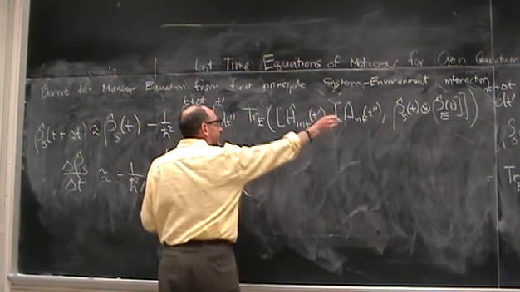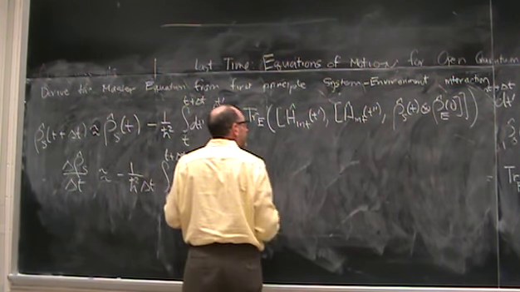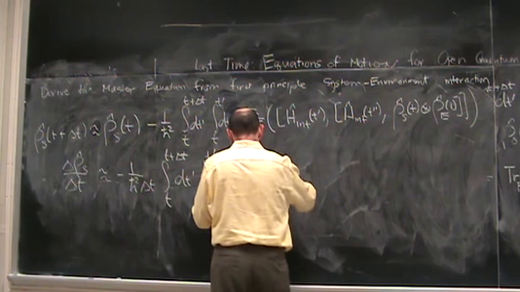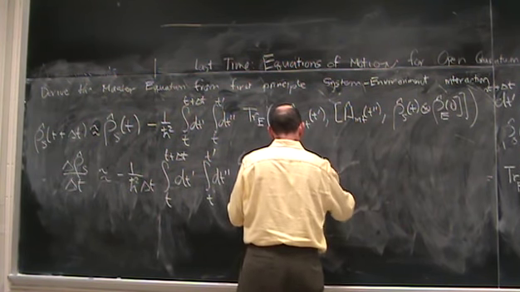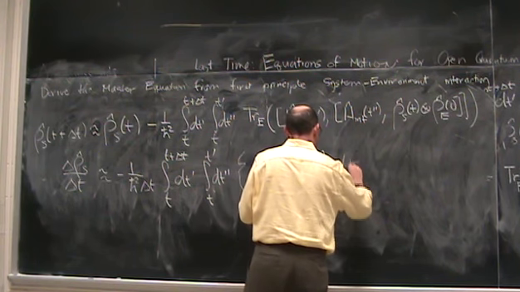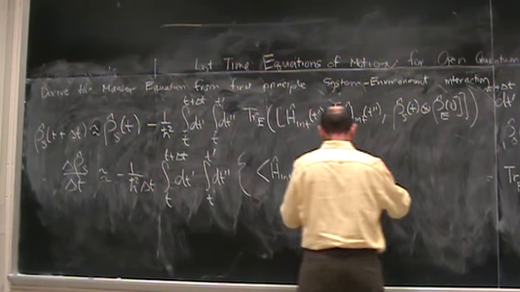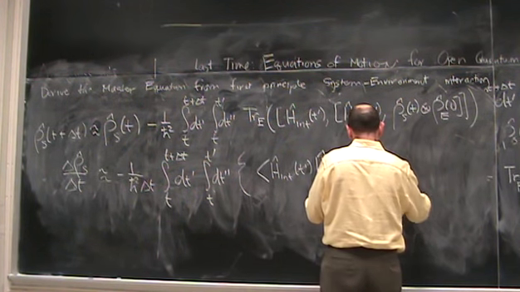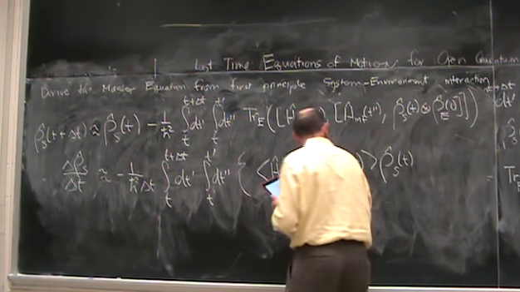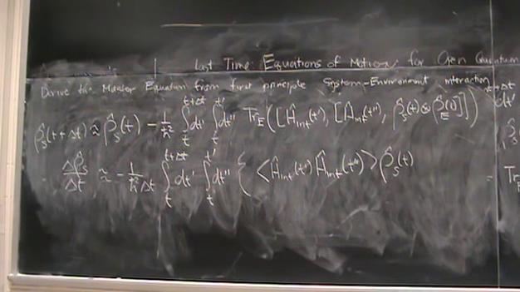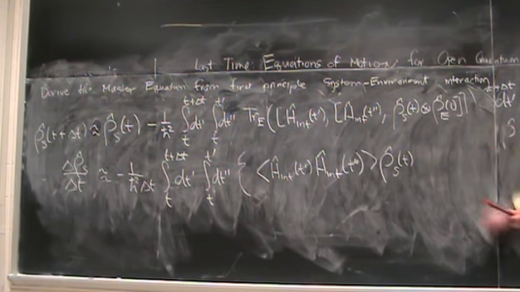And now I'm just going to expand out the double commutator. This is a messy calculation, and there's just no way around it. But you have to see it at least one time, because if you really want to understand open quantum system dynamics, you have to go through these details.